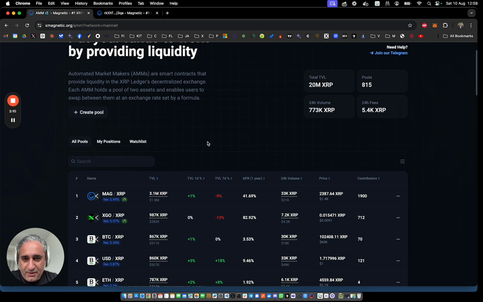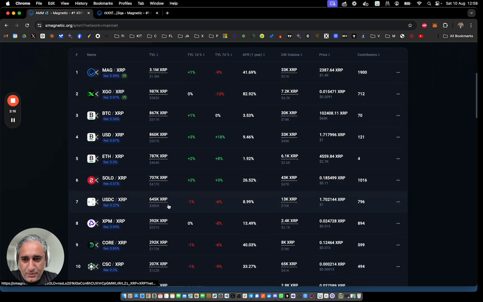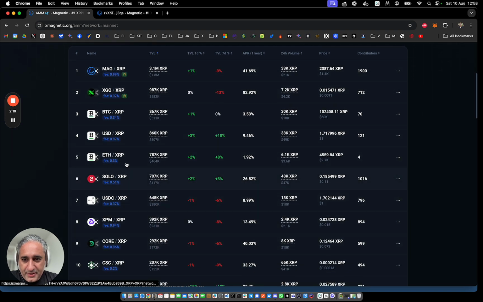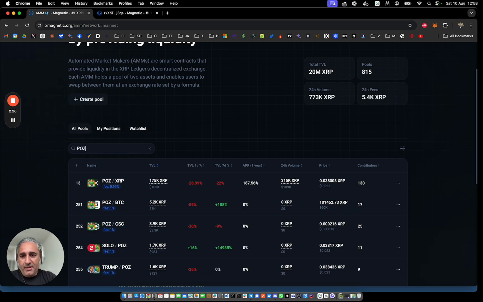Something that catches everyone out is actually looking at these pools and searching them. So by default, Magnetic only shows the XRP paired pools. So in this case, we're interested in the POS AMM. And you can see that even though it's XRP, it's initially filtering on XRP pools.